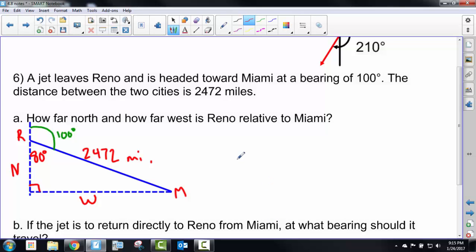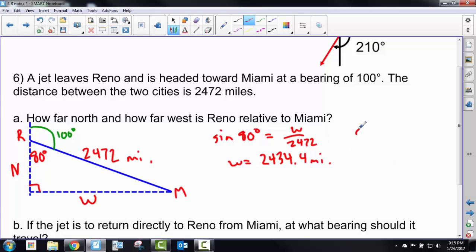This problem, once we set it up, is actually pretty straightforward. So I can just say, the sine of 80 degrees is equal to W over 2472. So W would be equal to 2,434. I'll just go to the nearest tenth. I think that's probably going to be enough accuracy for us.